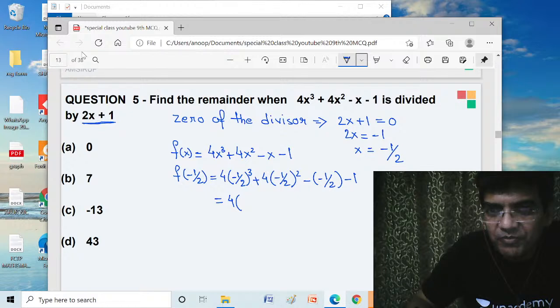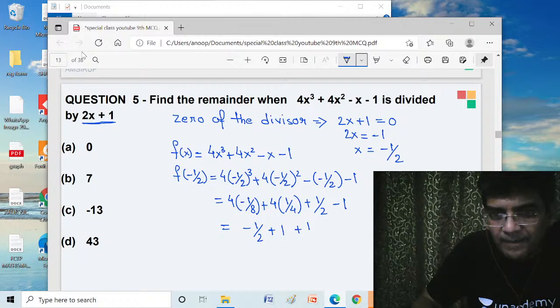So 4 into minus 1 by 8 will give me minus 1 upon 2. 4 into 1 upon 4 will give me plus 1, then plus half minus 1. So you can see over here, this is minus half, plus half will cancel out, plus 1 minus 1 will cancel out.